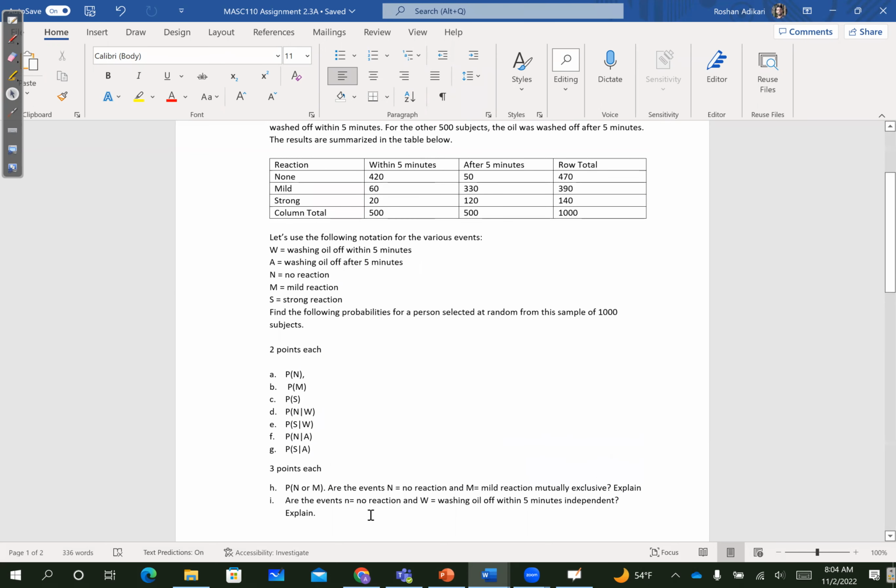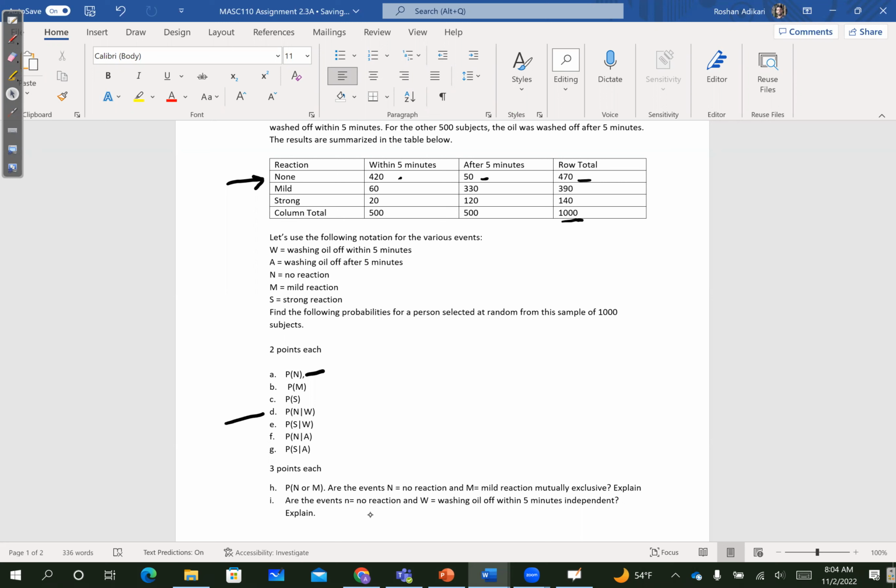For example, P(N). Here P(N) means probability of N, no reaction, so none. What is that? Are you going to use 420 or 50 or 470? So that's 470 over total, which is 1000, right?